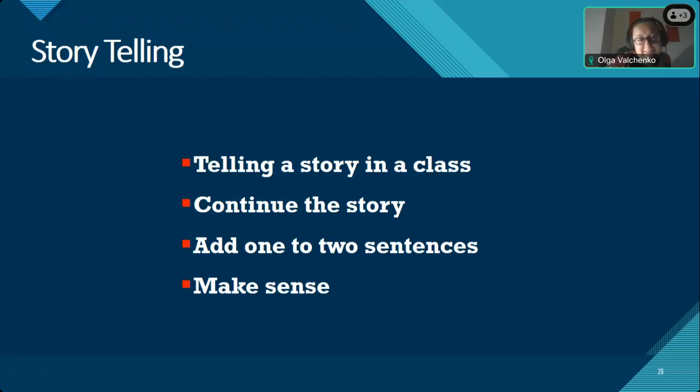Children actually are very creative. Storytelling also helps them to improve their speaking. If they have no ideas for the story, you can start the story. For lower level, ask them, okay, last summer, I went to Paris.